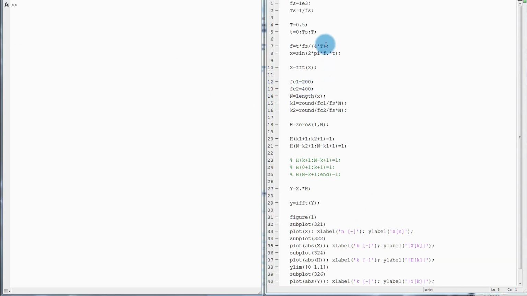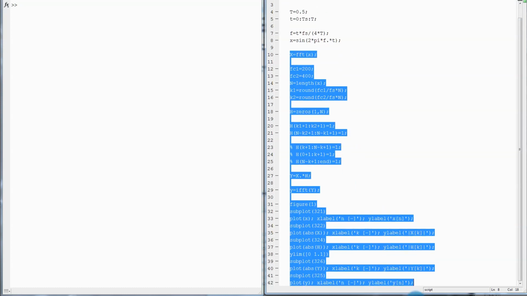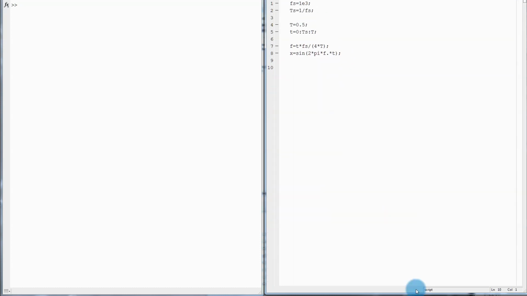This is the code that I used for filtering in the spectral domain using the chirp signal. I will recycle this code, and I will keep this part where I generated my chirp signal, and I will get rid of the rest. Now I will define my impulse response. And now to apply the filtering, I need to compute the convolution between my signal and my impulse response.